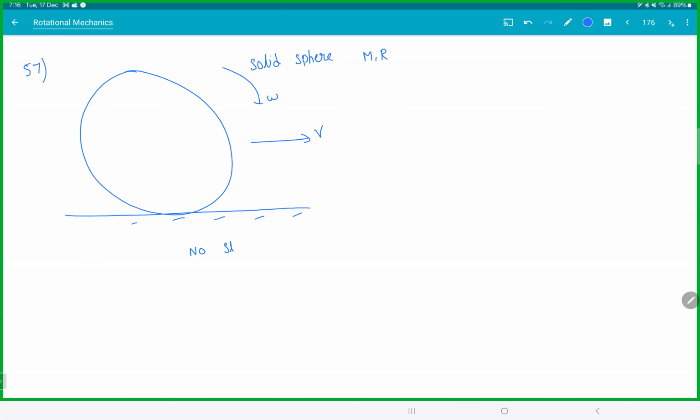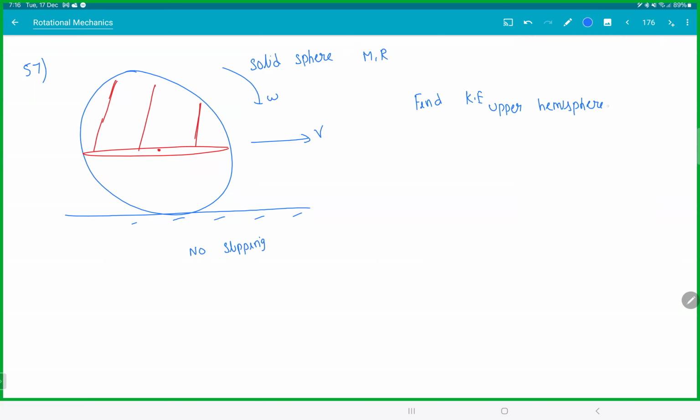There is no slipping. I want you to find the kinetic energy of the upper hemisphere. I don't want total. Find kinetic energy of the upper hemisphere.